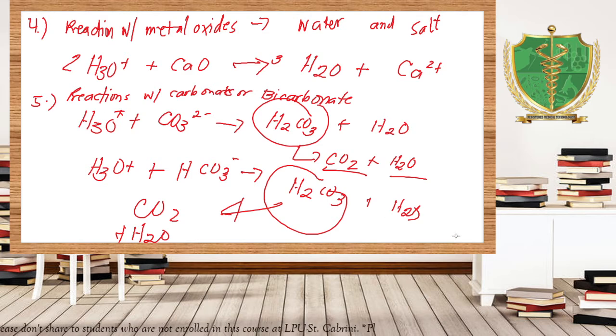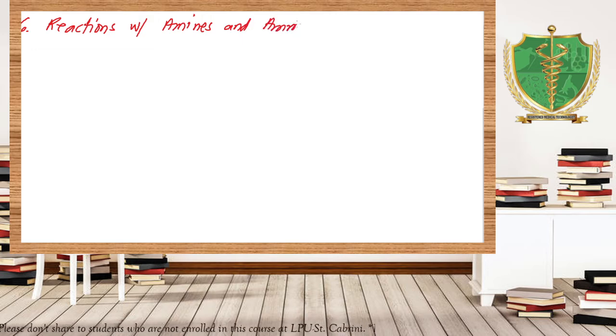The next reaction or property of our acids and bases is the reaction with amines or ammonia. Number 6, reactions with amines and ammonia. Take note of this, guys. Any acid stronger than ammonium ion is strong enough to react with ammonia.